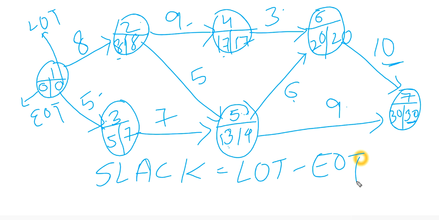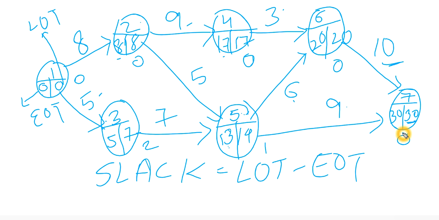So I will calculate slack of all the activities, which I'm writing here. 0 minus 0, 0. 8 minus 8, 0. 7 minus 5, 2. 14 minus 13 is 1. Then 17 minus 17, 0. 20 minus 20, 0. And 30 minus 30, 0.